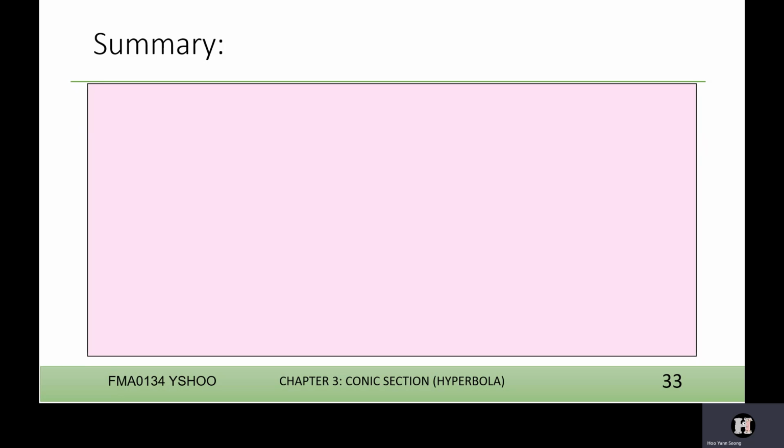Okay, so actually your chapter 3 is finished. What is actually inside your chapter 3? The first skill you need to know is completing the square. After that, by using completing the square, you put it in a standard form.